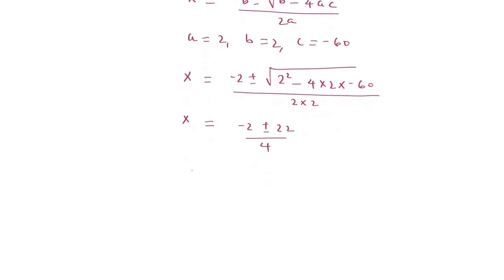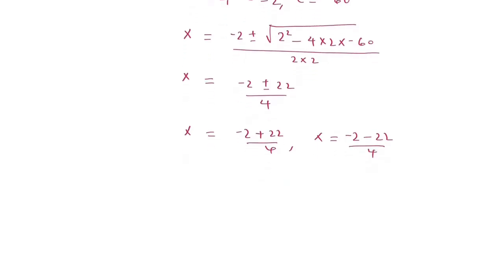Then x equals negative 2 plus 22 over 4, or x equals negative 2 minus 22 over 4, which gives us x equals 5, or x equals negative 6.